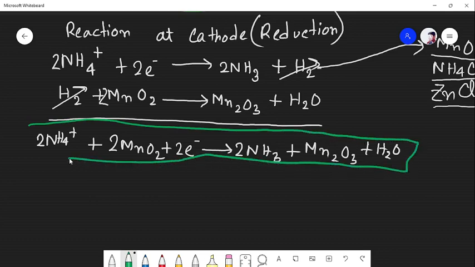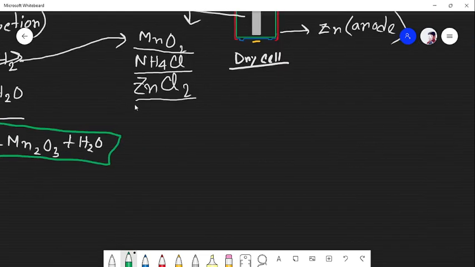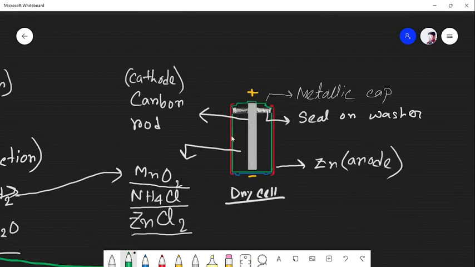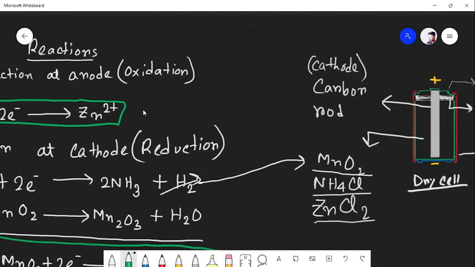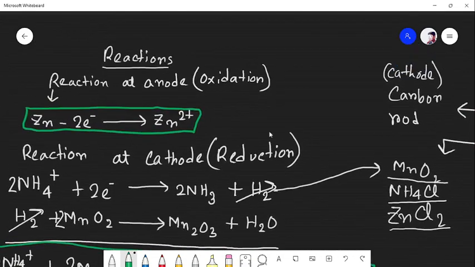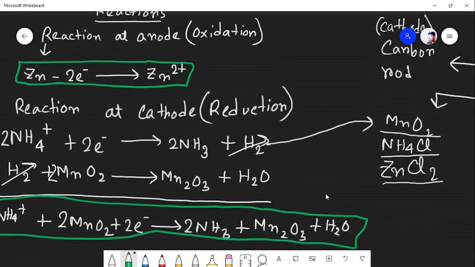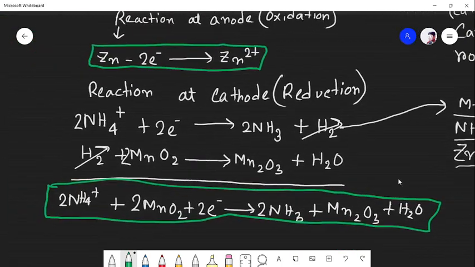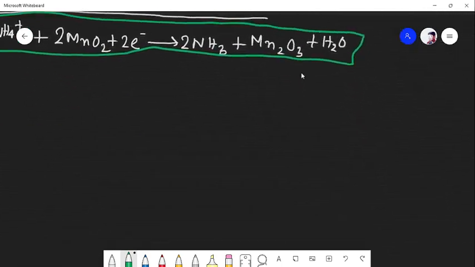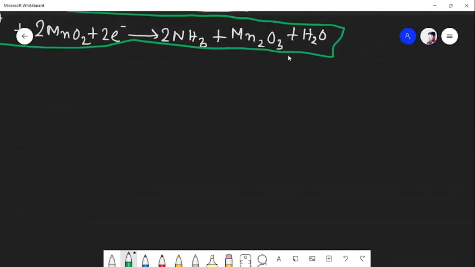Now, how do you find the total reaction taking place in the whole cell? You need to add the oxidation and reduction reactions. So we add this and this.